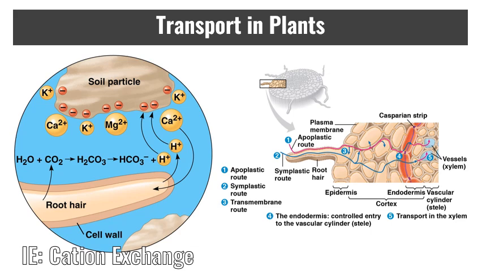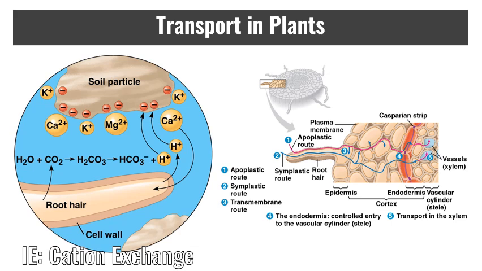Okay, once that material has entered the cell, it will then flow through a variety of ways through the cells. We can see that there's multiple routes and movements as it goes through the roots and up into the actual vessels, the transport systems of plants. The xylem is what allows water and fluid to move up the plant, and then the phloem is going to allow sugar and sap and all that to move to its storage places.